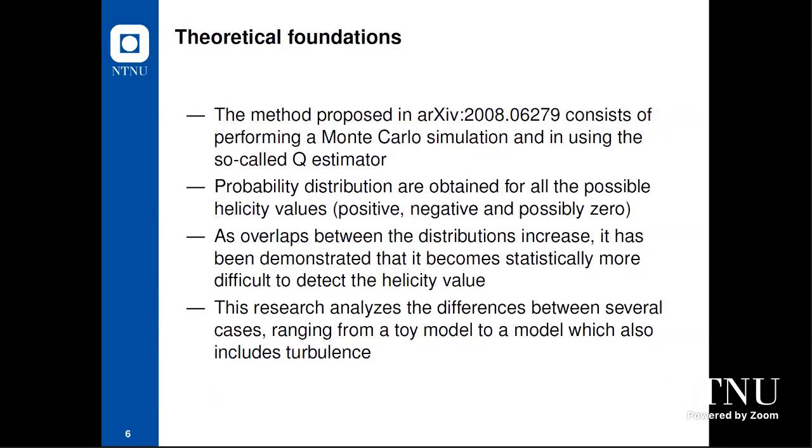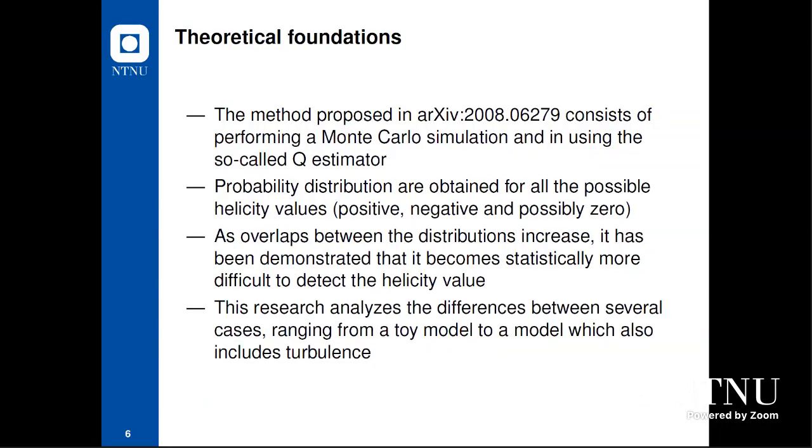So in this way, it is possible to say which is the probability that the current shape, the current points, represent a positive, negative, or zero helicity using this statistical method.